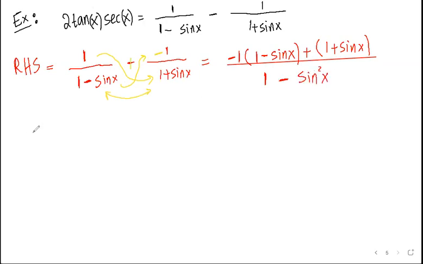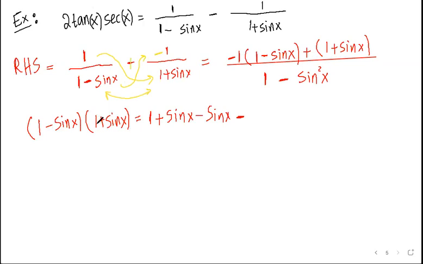Why? Because 1 minus sine x times 1 plus sine of x equals 1 times 1 is 1, 1 times sine is sine, minus sine times 1 is minus sine, and minus sine times sine is minus sine square. This and this cancel each other, so I get 1 minus sine square of x.